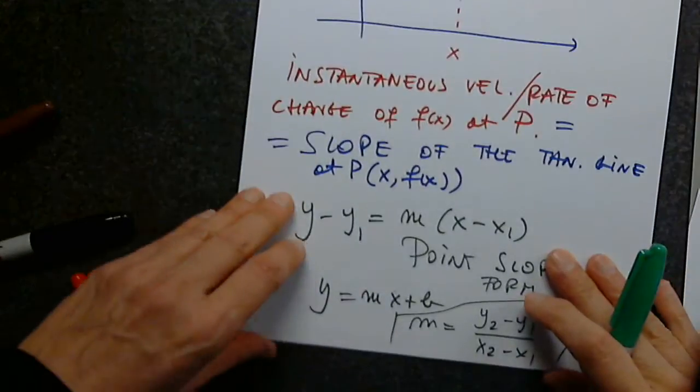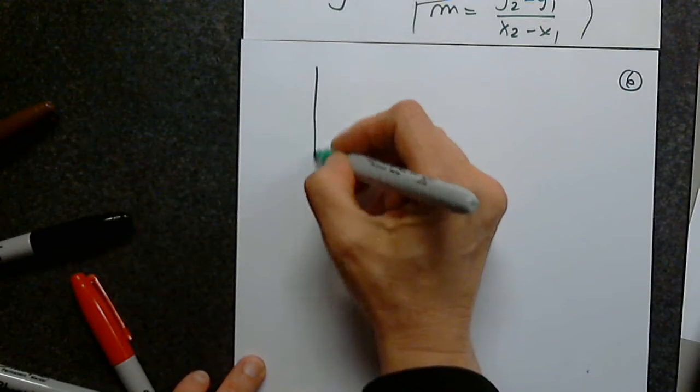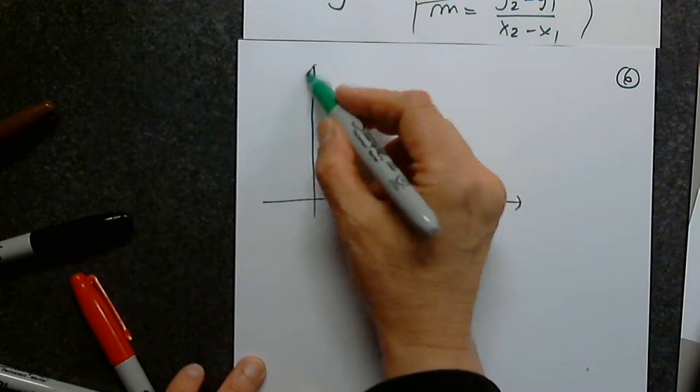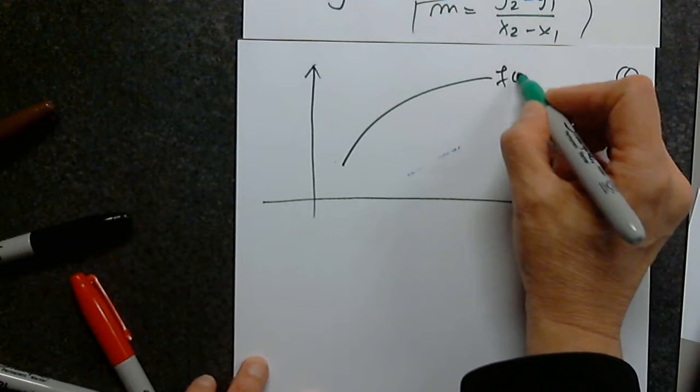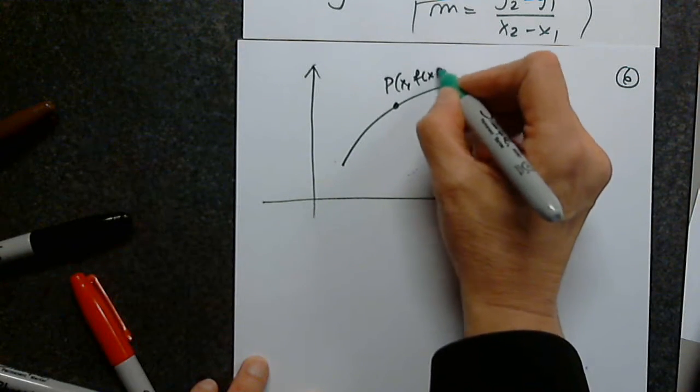So here's what we're going to do. I'm back to the same graph, back to f of x, back to P, which is x comma f of x.